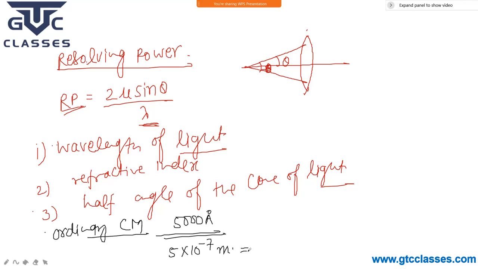That means 0.0005 millimeter. Oh my god, what is the thickness of your hair? Any thought? Thickness of your hair? Around 0.05 millimeters.